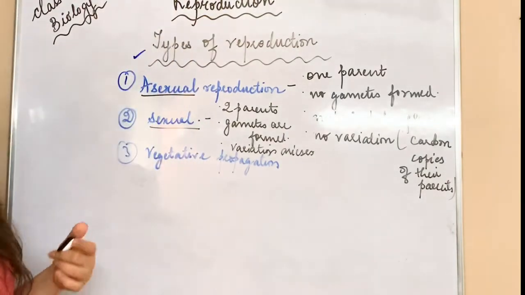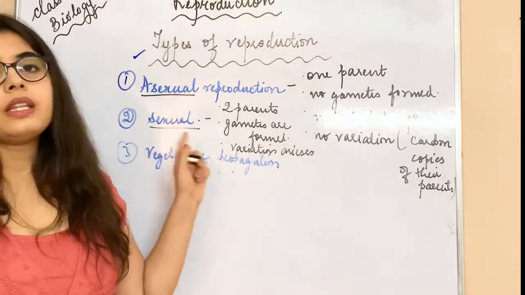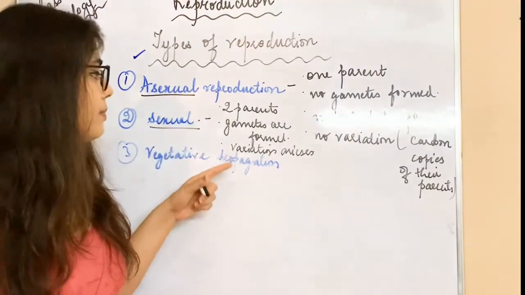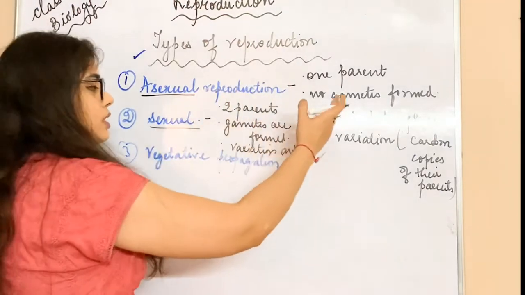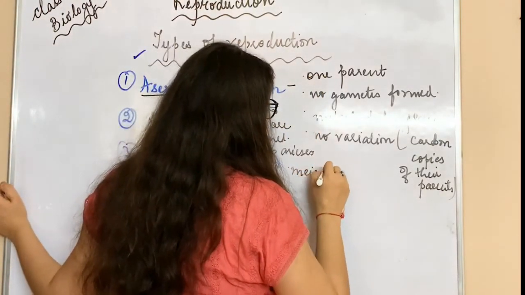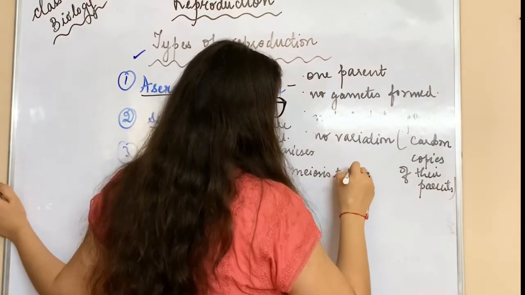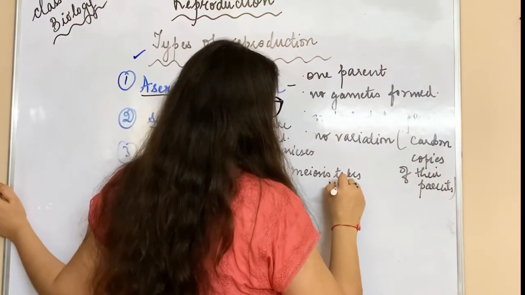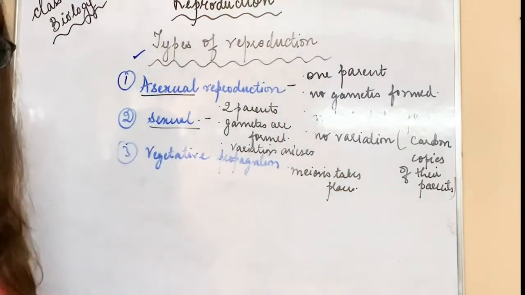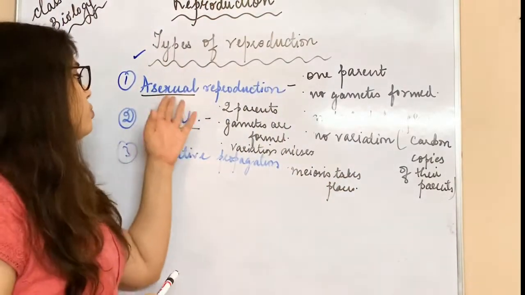There is some kind of difference between the parent as well as the child. So these are certain basic definitions. In asexual reproduction mitosis is taking place, and here what will take place? Meiosis will take place, due to which the variation will arise. So these are the two types.